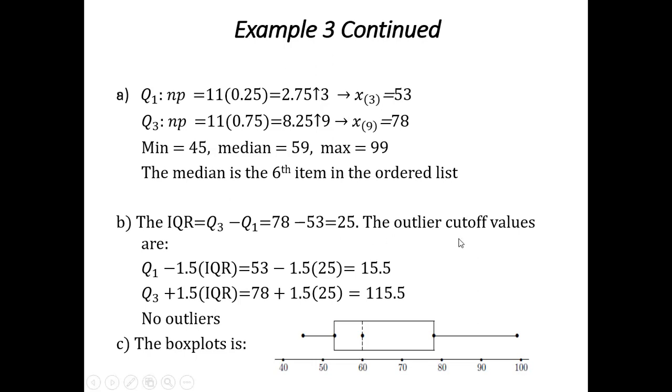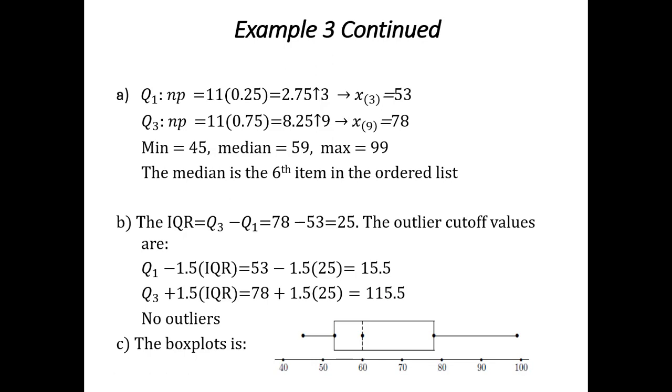Now the lower cutoff value for an outlier is Q1 minus 1.5 times the IQR. So that would be 53 minus 1.5 times 25, right? 25 is this IQR. So when we simplify this, I get 15.5.